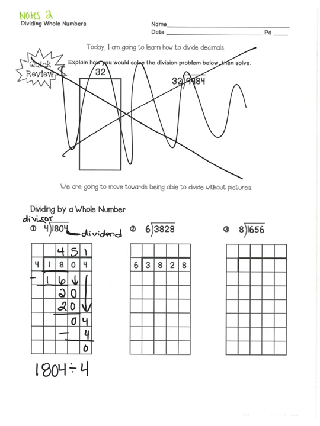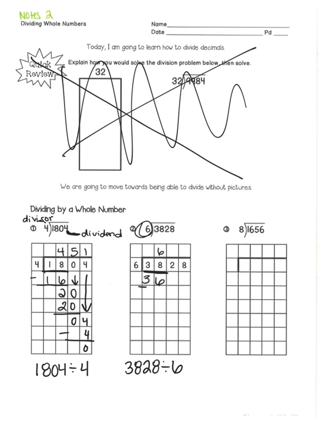Same thing from right here. They already set it up, but this would be like saying 3,828 divided by 6. Your divisor is what you're dividing by, dividend is what you're dividing. So 6 can't go into 3, so I look at 38. 6 can go into 38 6 times.